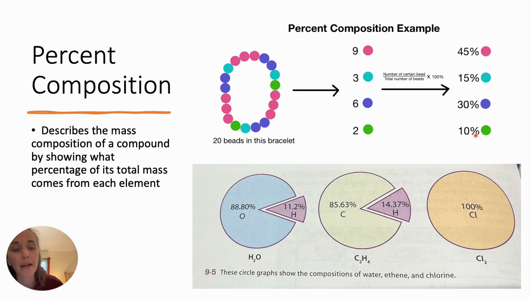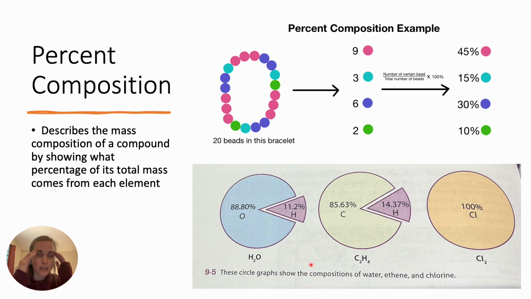In the same way, you can do percent compositions of compounds. So H2O, C2H4, Cl2. You're asking, how much of H2O by mass is oxygen, and how much of it is hydrogen? If you look at your periodic table, oxygen has 15.999 grams per mole, and hydrogen has 1.008 grams per mole.